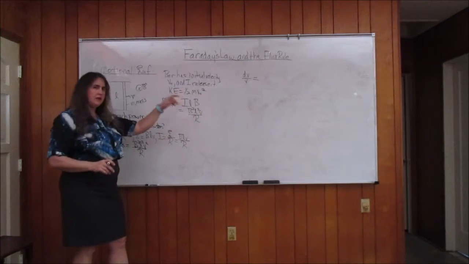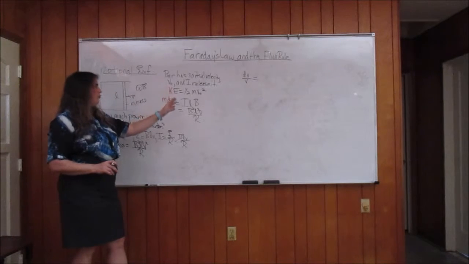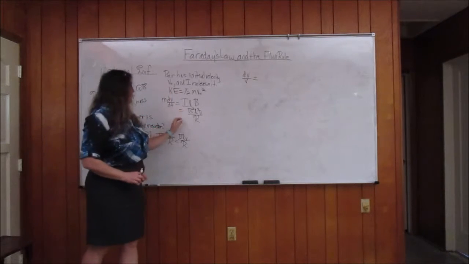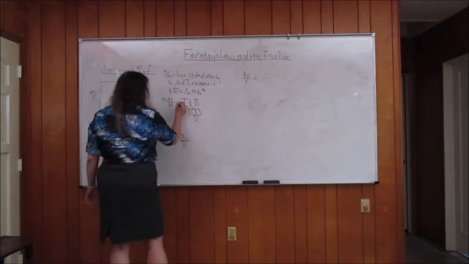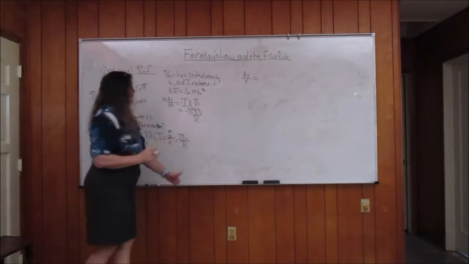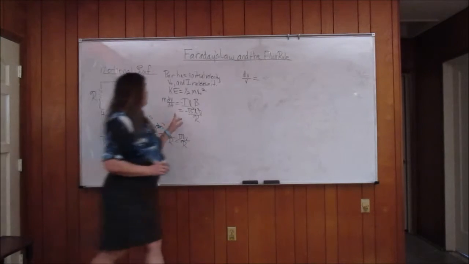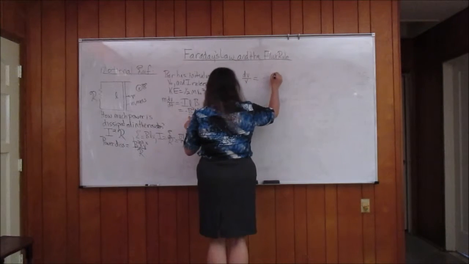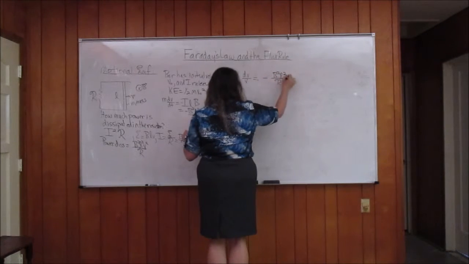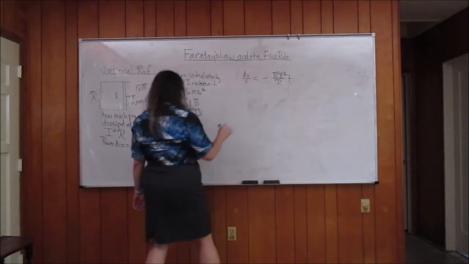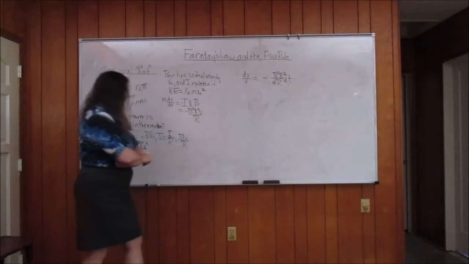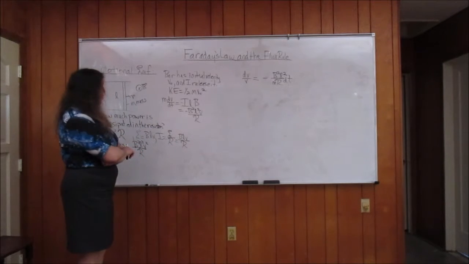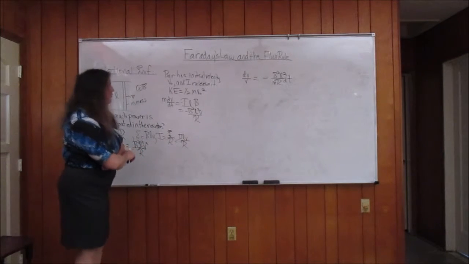Collecting all the velocity terms or factors over on the left-hand side, and all the time on the right-hand side, it should be a minus sign because this magnetic force is to the left. So that's minus B squared L squared over the resistance times dt. And then I have an m in the denominator as well. Make sure I didn't leave anything out here. No. Okay, so we're good to go.